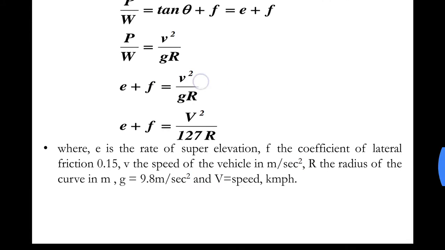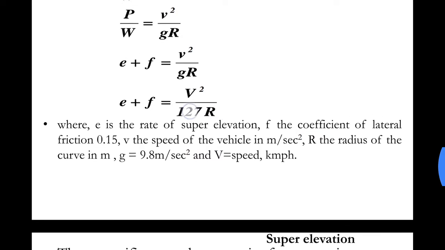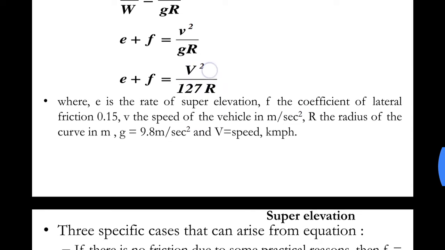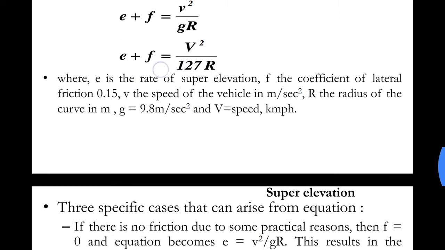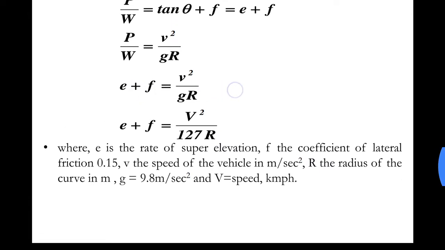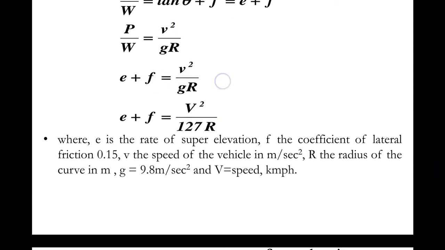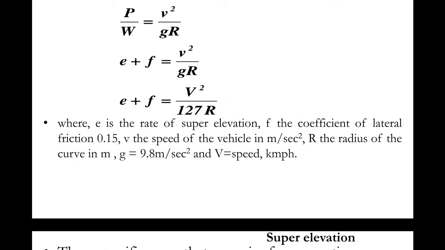Now if the velocity is given in kmph, then substituting the value of g and converting the value of V into kmph, we get the formula E plus F equal to V square by 127 R. We'll use this formula when the velocity is given in meter per second, and we'll use this formula when the velocity is given in kmph.